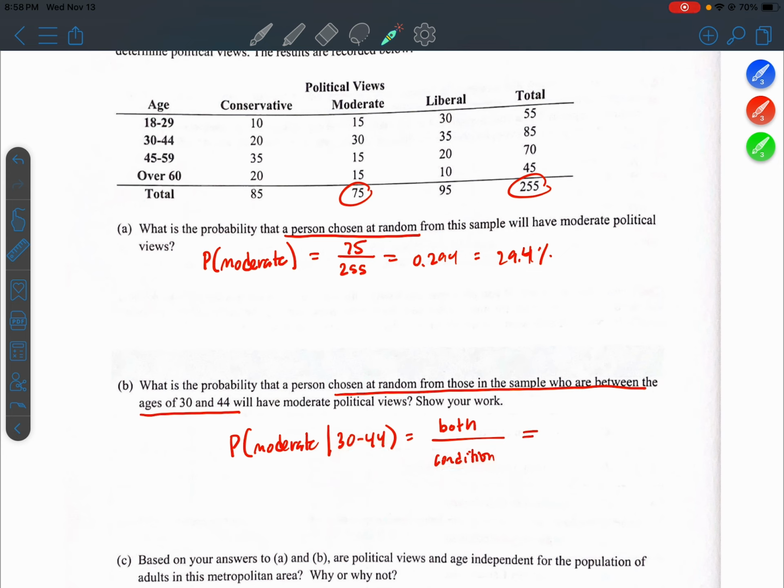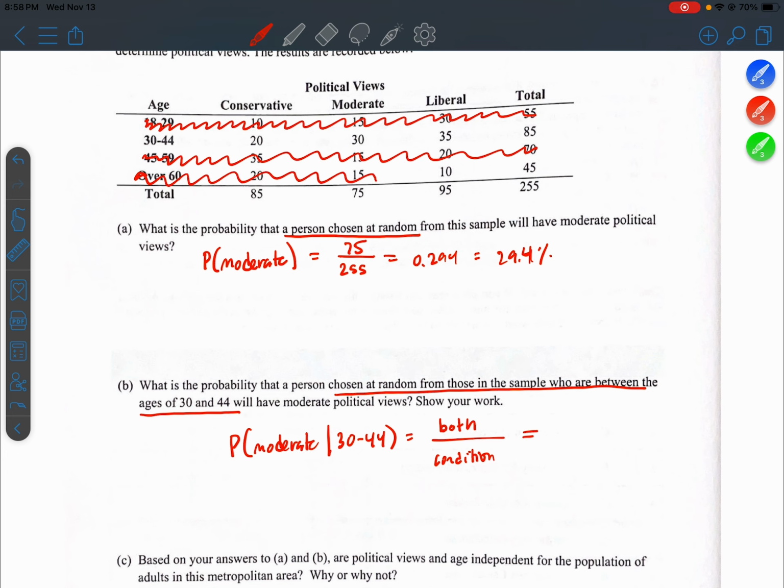So let's start by figuring out how many total people are in that age range. Another way to approach it is to just ignore the youngest age group and the two oldest age groups, and even the total. All we care about is the 30 to 44 age group.